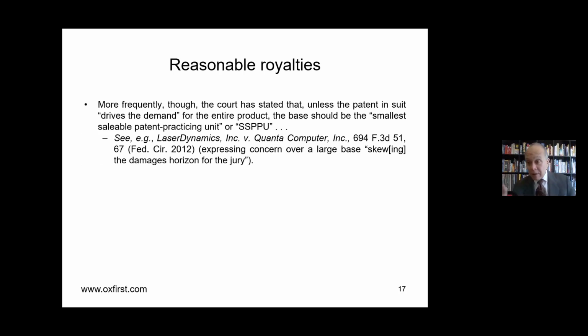If the jury hears a gigantic number as the royalty base, it may be inclined to award a disproportionately high royalty in comparison with the actual value of the technology. Indeed, sometimes the appropriate royalty base may be even smaller than the SSPPU, or at least further care must be taken to further tease out the value of the individual patented technology if the SSPPU itself embodies multiple technologies.